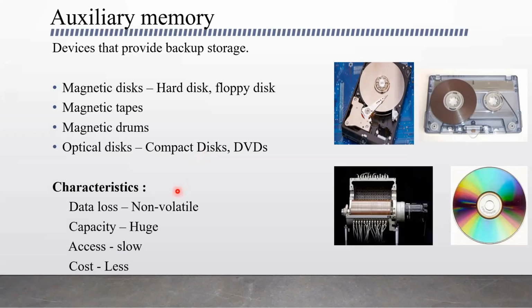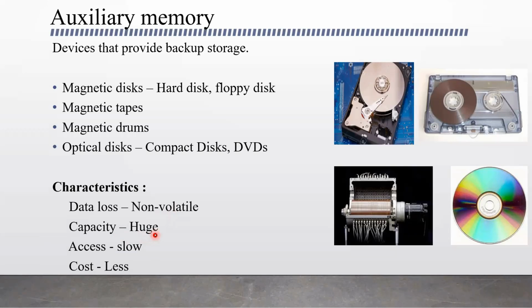The characteristics, if we see, the data loss characteristic: it is non-volatile, meaning when the power is switched off, the content of this memory remains unchanged. So it stores permanently. And the capacity is huge.